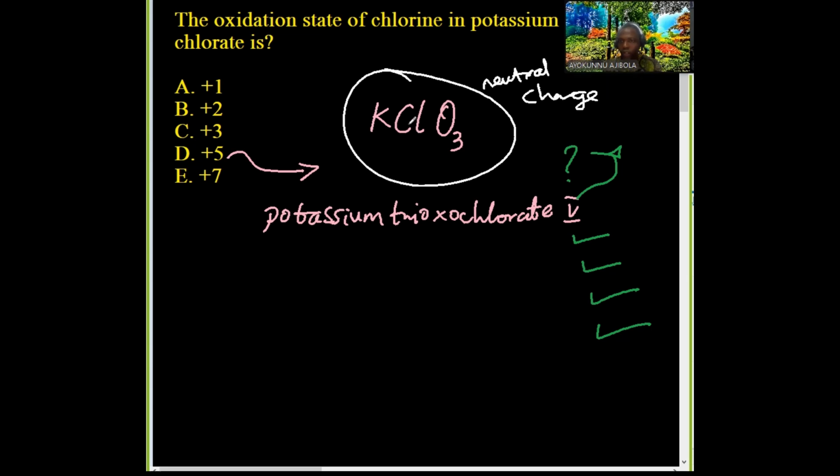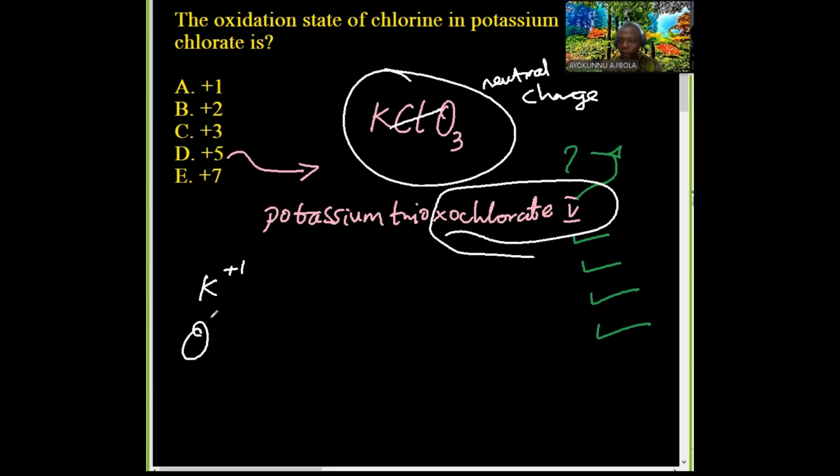So it is the chlorine that is carrying the charge of this chlorate. Potassium there is positive 1, oxygen there is negative 2, then chlorine is what we are looking for. If we name it X, we add everything together to give us 0.